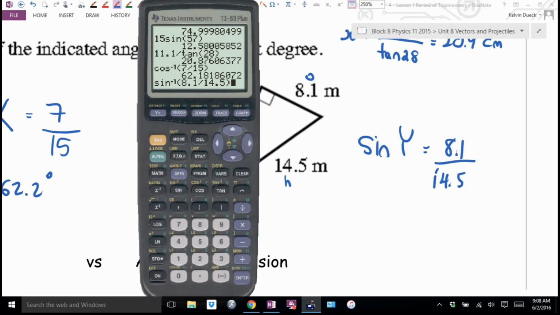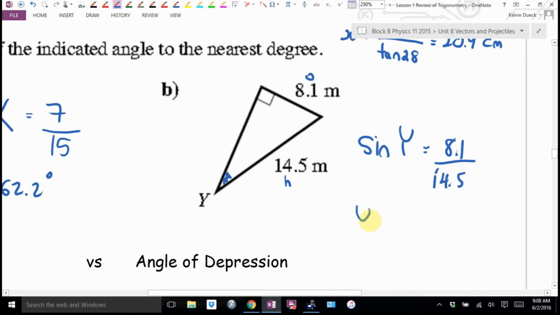Rebecca, anytime that thing resets, you'll have to go into mode and go back to degrees. I was going to say 33.9, but rounding properly it's going to end up being 34.0. Y equals 34.0 degrees.